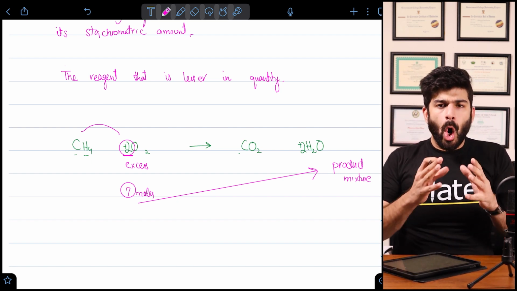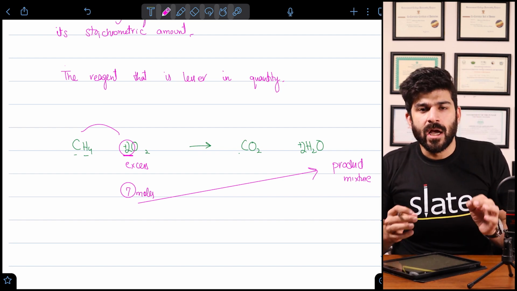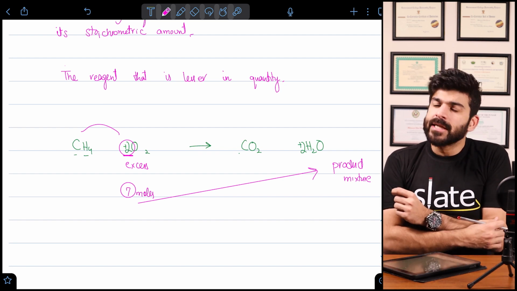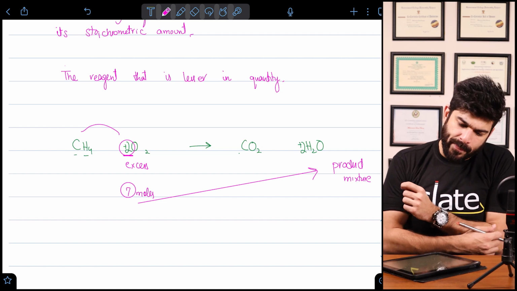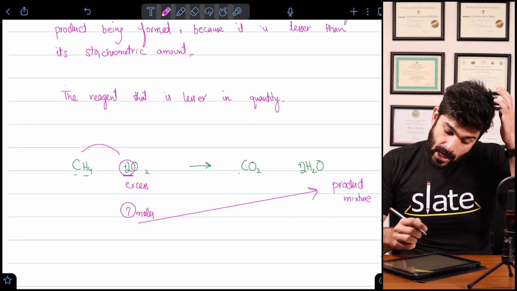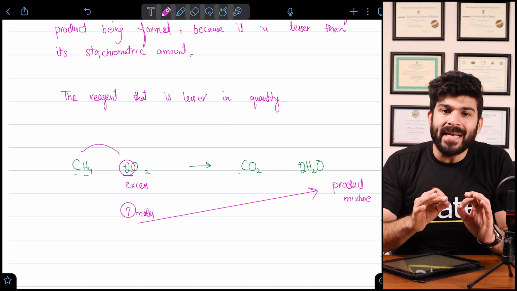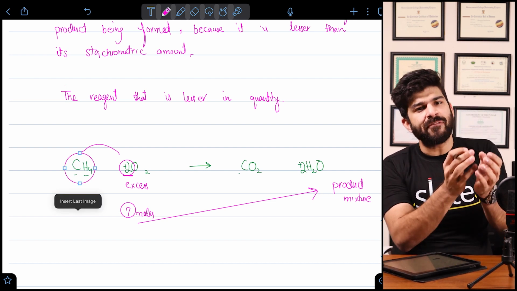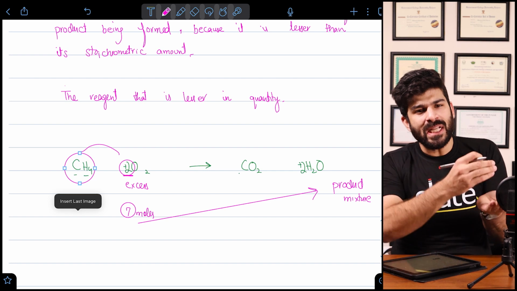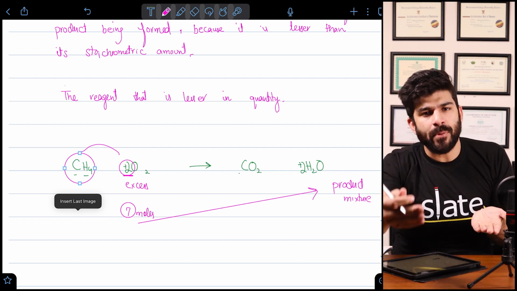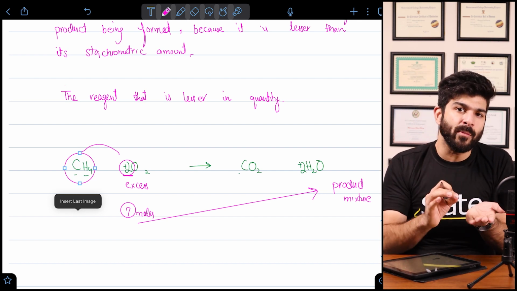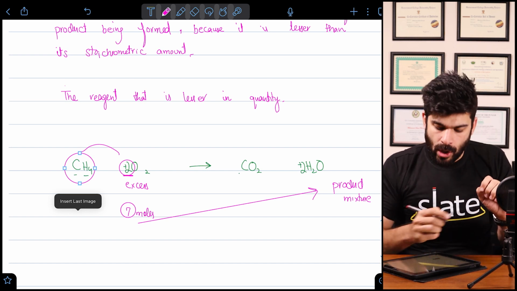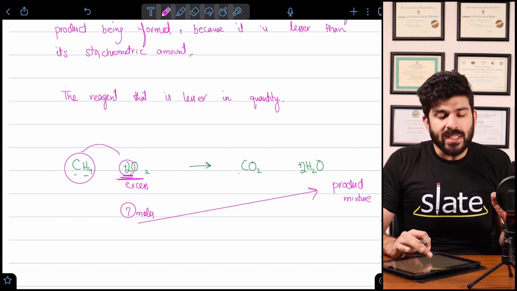But oxygen was already in excess, so the one in excess does not limit the amount of product being formed, because the product will be dependent on the limiting one. Obviously, if I have a lesser amount of something, only that will make my product. My product will be dependent on the one which is lesser in amount, not the one which is more in amount.